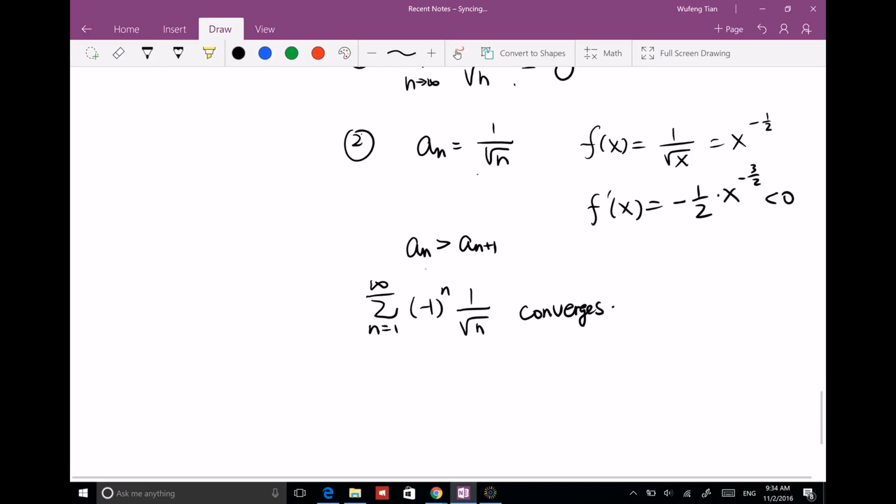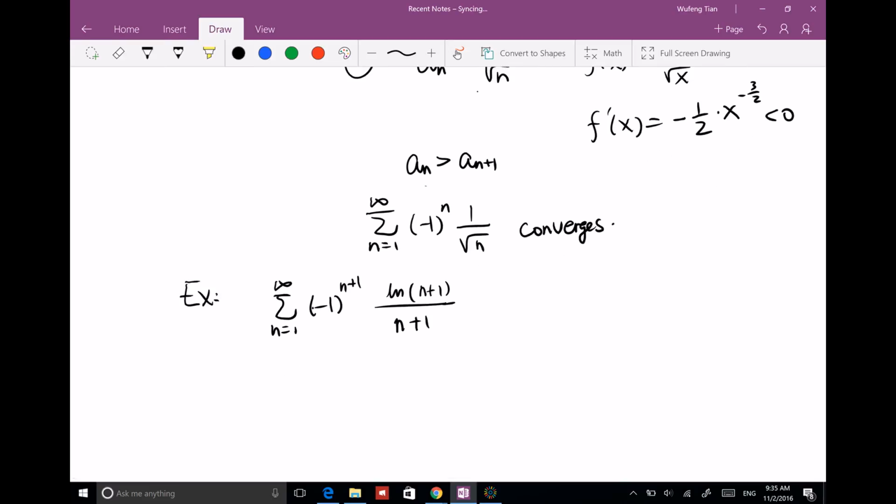Alright, so one more example. I need to give you maybe 1 minute to do this one. Try this one. Give you 1 minute. Okay: ln(n+1) over (n+1).